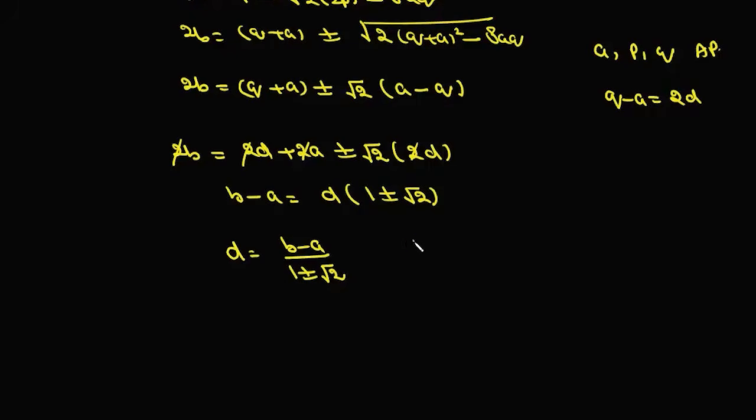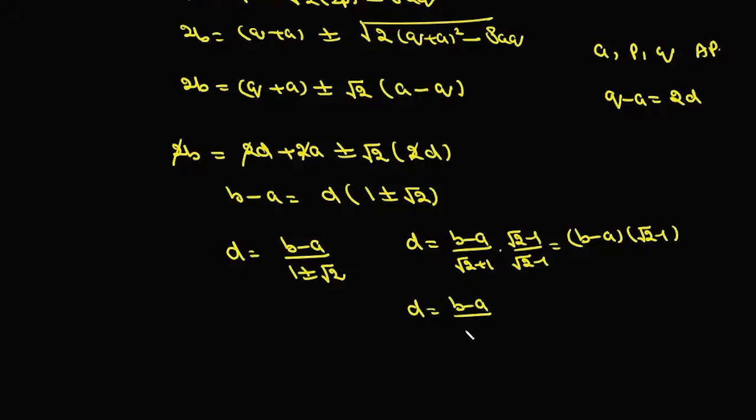Now if we take plus sign, then we get B minus A upon root 2 plus 1. We'll multiply and divide with root 2 minus 1. So it will be B minus A into root 2 minus 1. And if we take minus sign, then we can write B minus A upon 1 minus root 2.